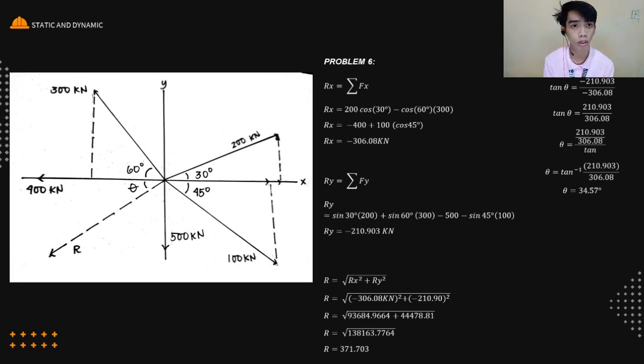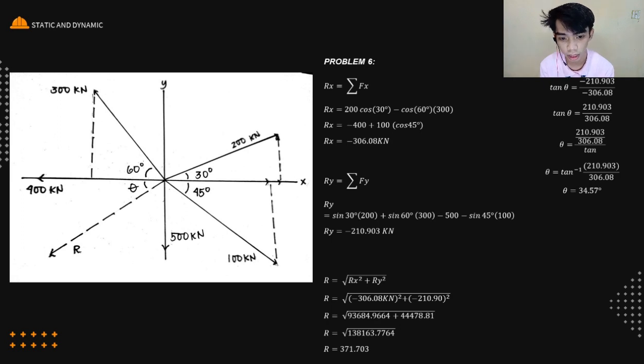So, this means that our resultant will be in quadrant 3, since both forces we got are negative. To get the magnitude of our R, R is equal to the square root of Rx squared plus Ry squared.